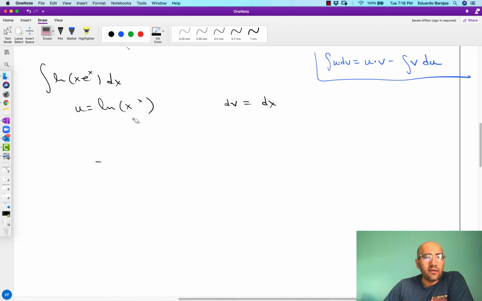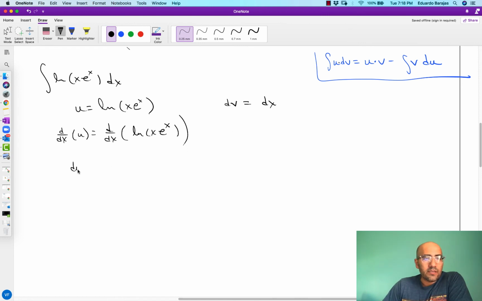And let's see if it helps. The other nice thing is that we know how to take the derivative of an ln function. That's easy. If I had put the ln over there, I'd have to be integrating ln. So now we take derivatives in this direction. du dx is the derivative with respect to x of ln of x e to the x.